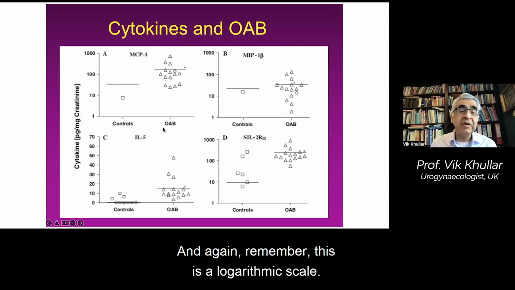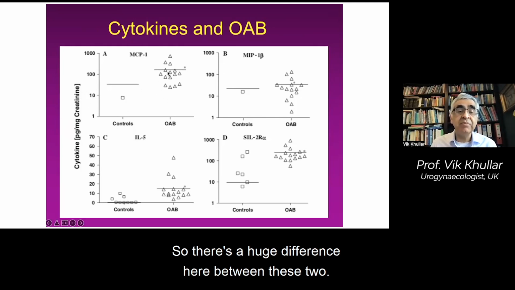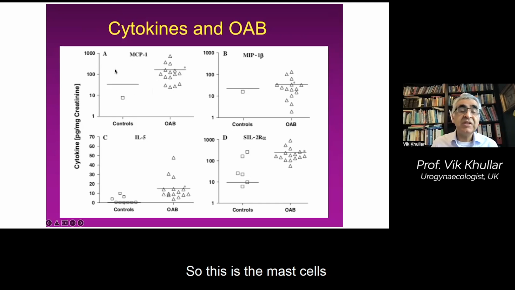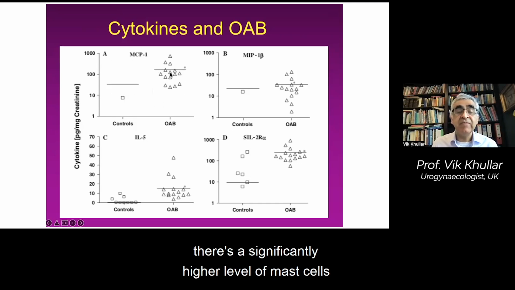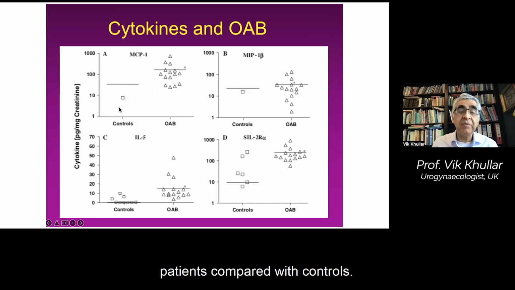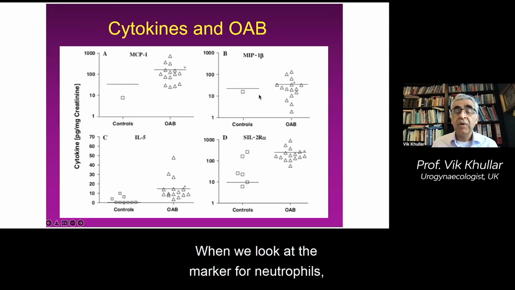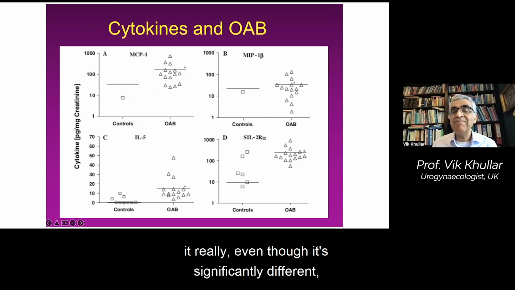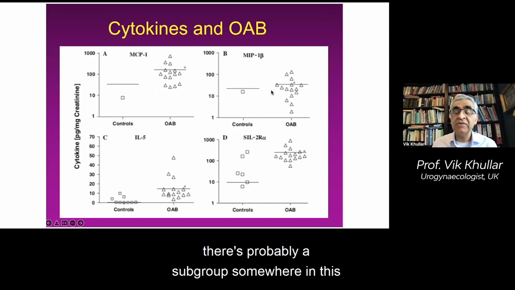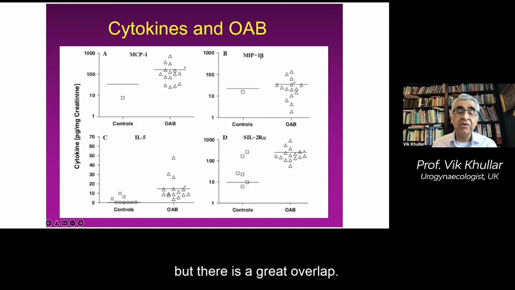And again, remember, this is a logarithmic scale, so there's a huge difference here between these two. This is the mast cells, and we can see there's a significantly higher level of mast cells in the overactive bladder patients compared with controls. When we look at the marker for neutrophils, even though it's significantly different, there's probably a subgroup somewhere in this, but there is a great overlap.